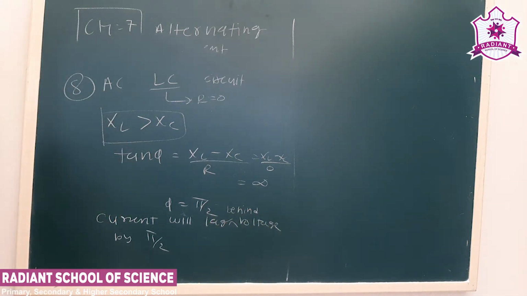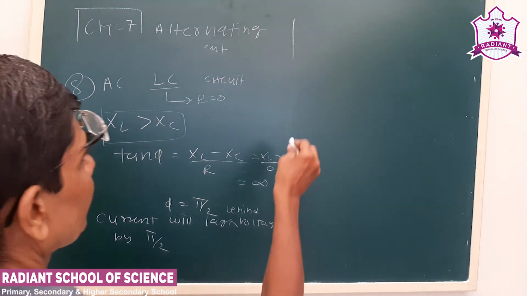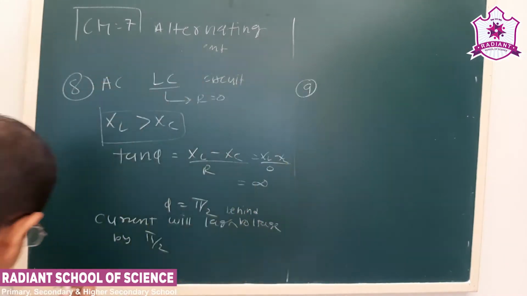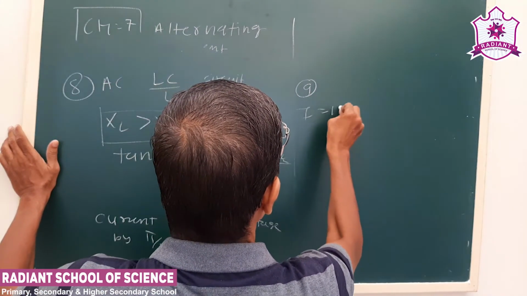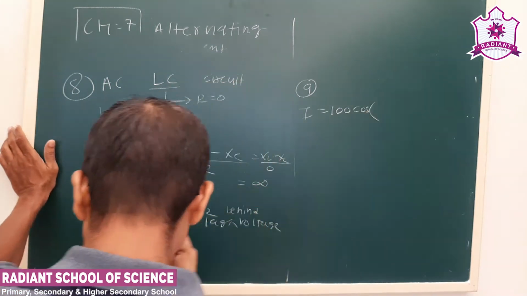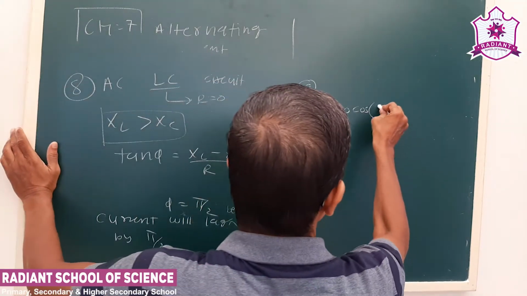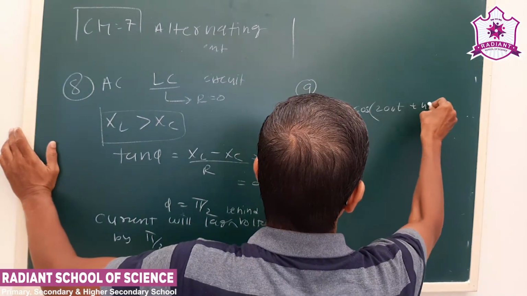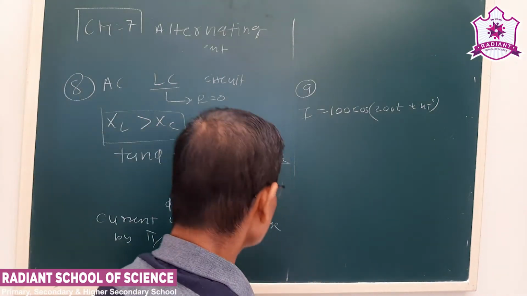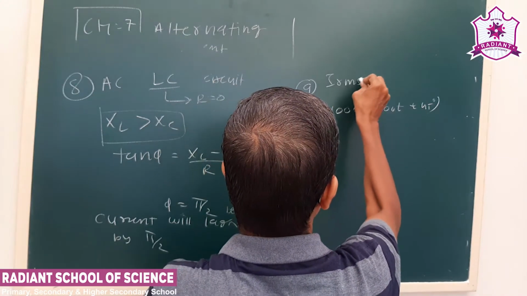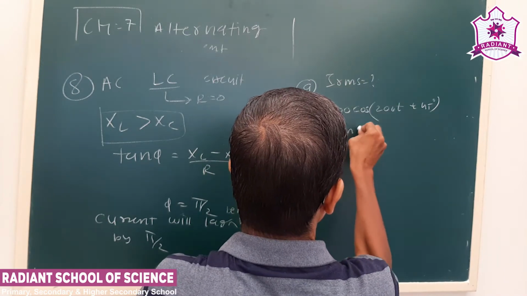See our next MCQ. See what is the RMS value? I is equal to 100 cos 200 t. Now if I compare, see here we have to find out RMS. Im cos.